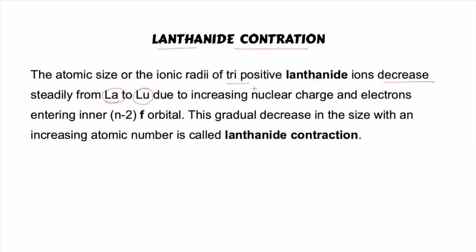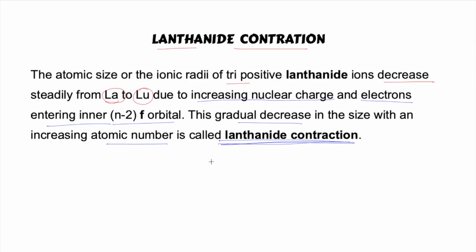That's because of the increase in nuclear charge, as the electron enters the inner (n-2) f orbital. Because of that there is a decrease in the ionic radii. This gradual decrease in size with increase in atomic number is called lanthanide contraction.